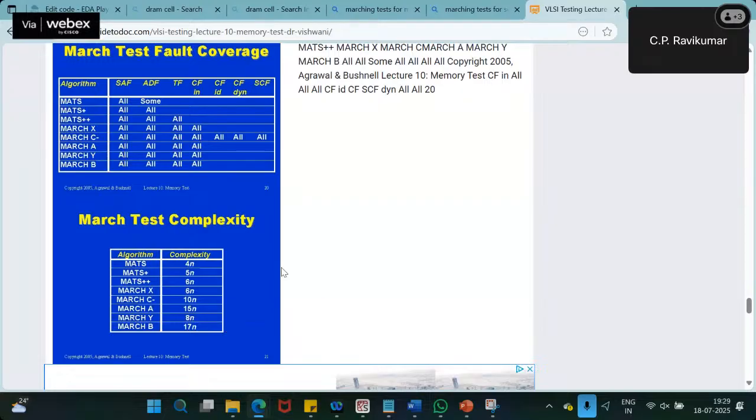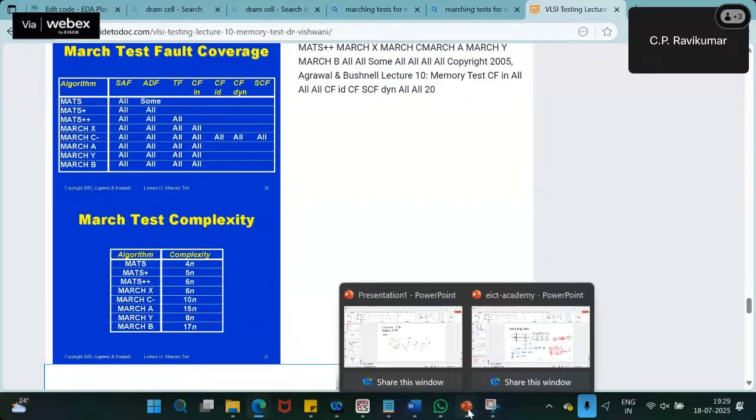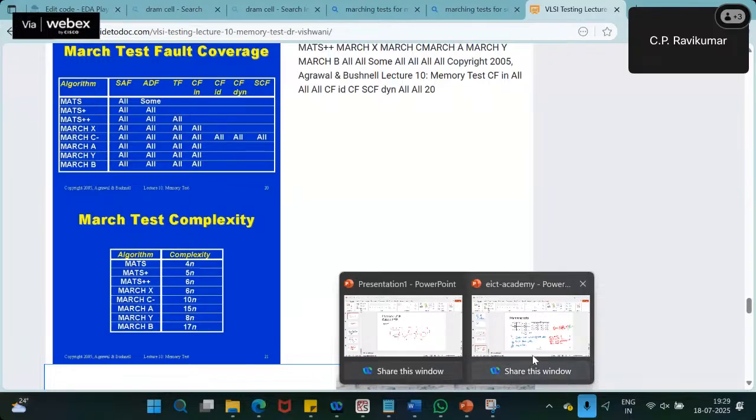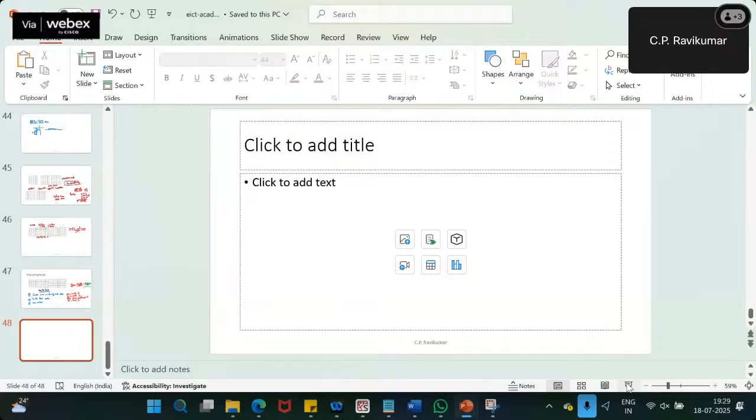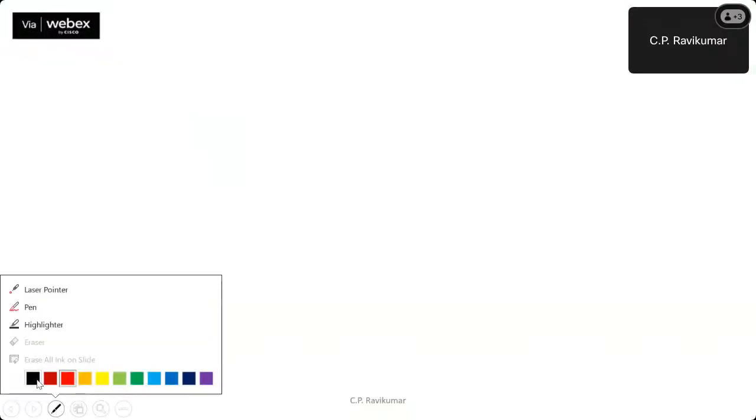Like I mentioned earlier, the BIST controller must be capable of applying more than one algorithm. So the memory-based architecture may look somewhat like this.